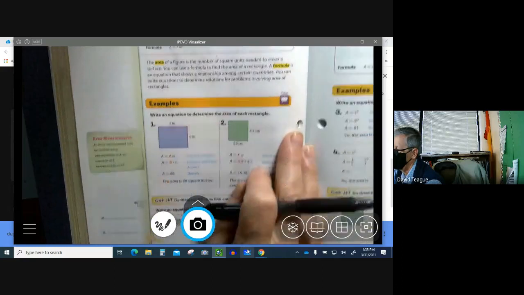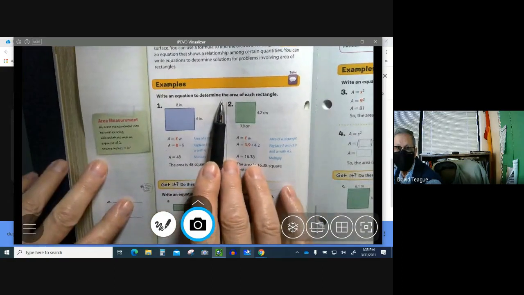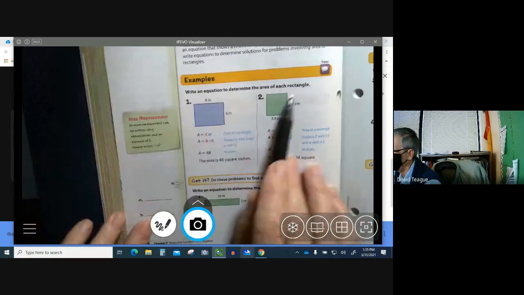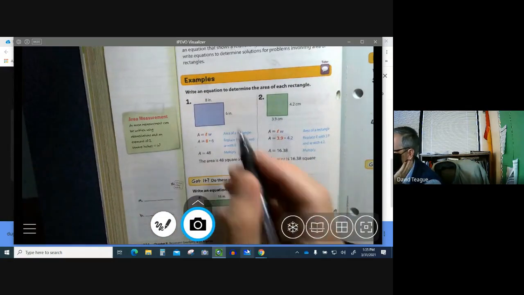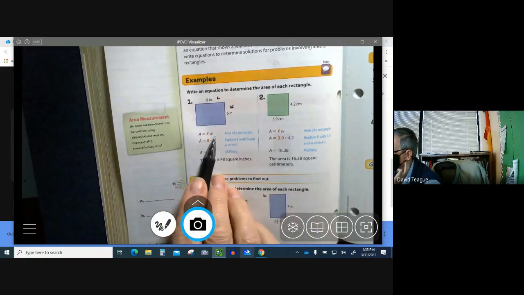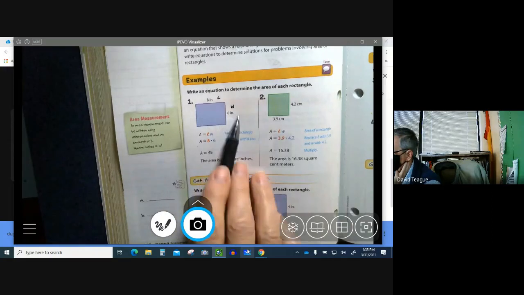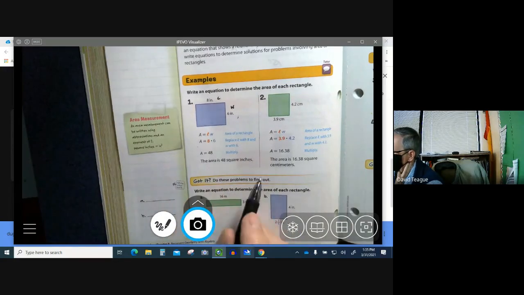Okay, so here are some examples. Write an equation to determine the area of each rectangle. So if you notice, you have 8 inches and 6 inches. So this is our length, this is our width. So area is equal to length times width, so that's 8 times 6. 6 times 8 is 48, right?